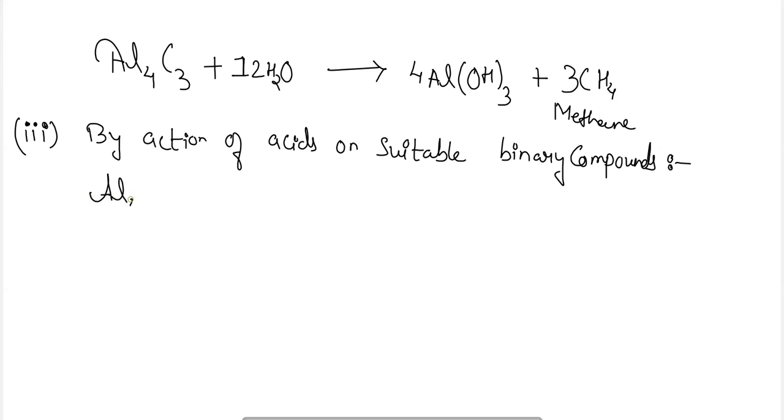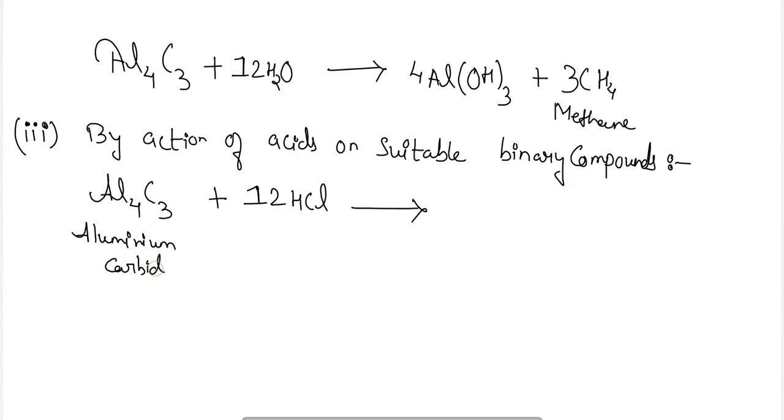Here, Al4C3 plus 12 HCl: when aluminium carbide is reacted with hydrochloric acid, methane is formed with aluminium chloride.